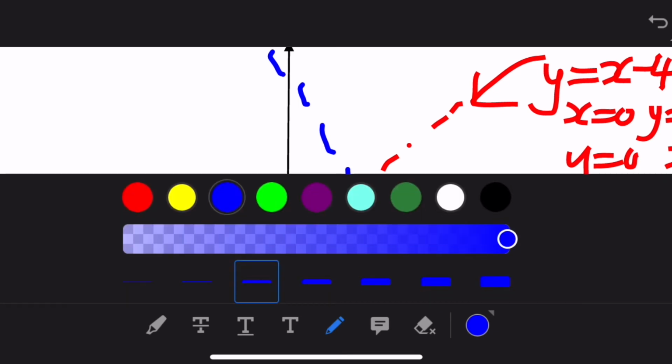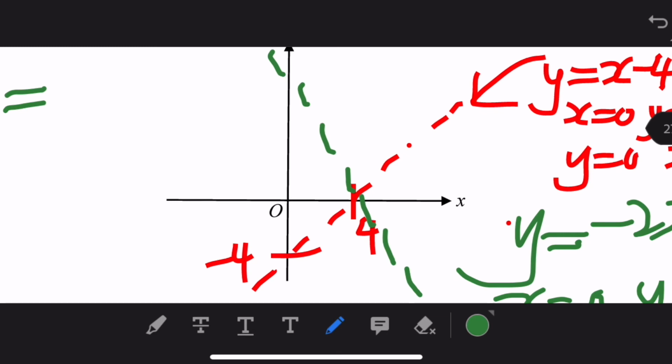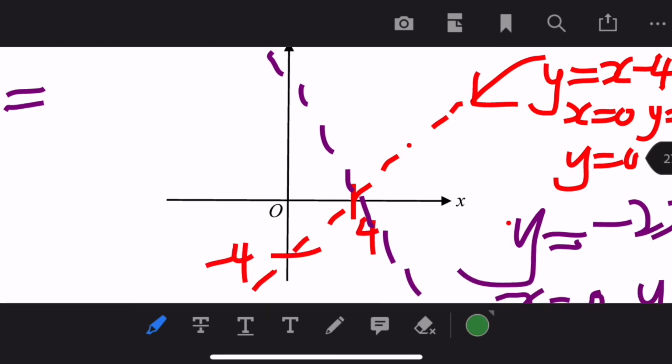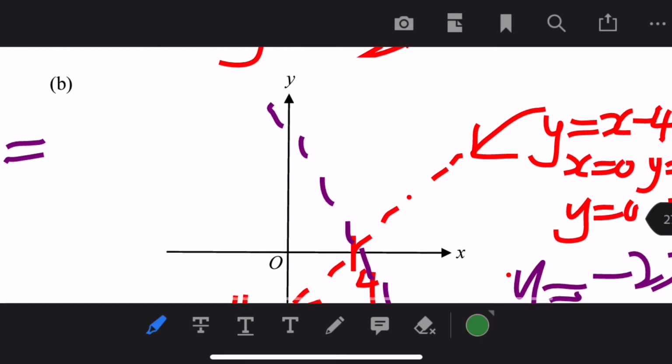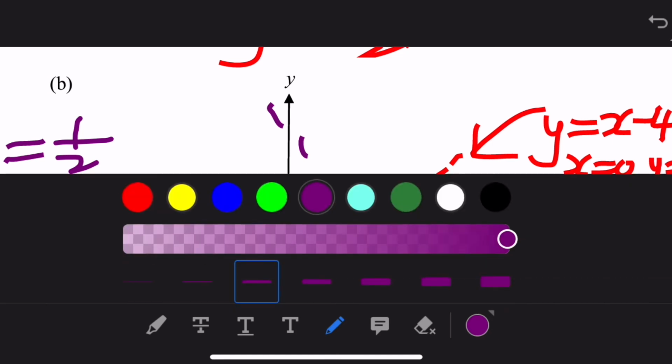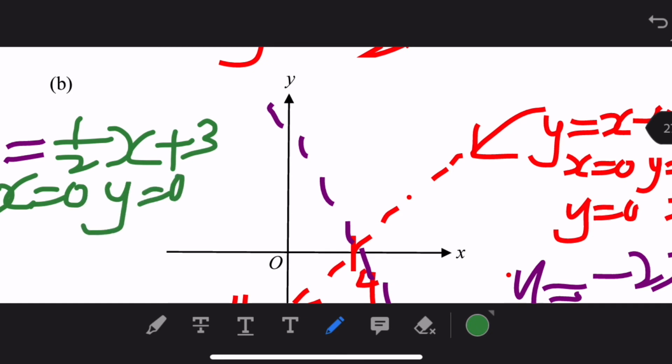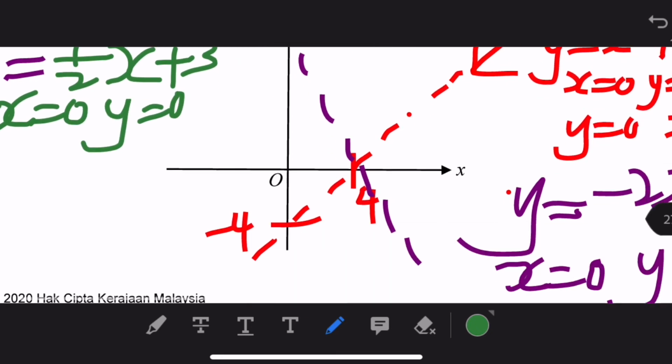Y is, okay, I'm going to change the color, half x plus 3. When x is 0, y is 3. When y is 0, x will be negative 6. So it will be something like this.